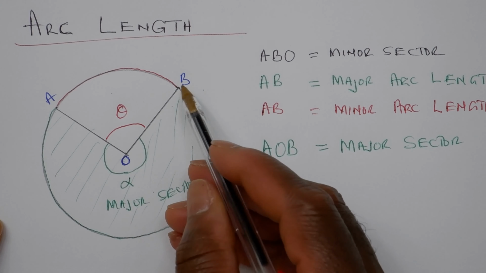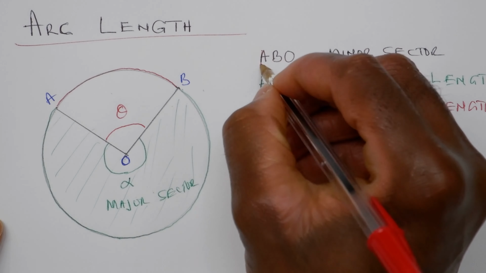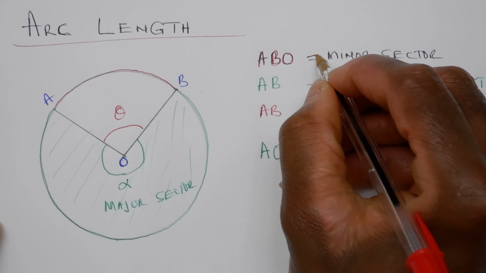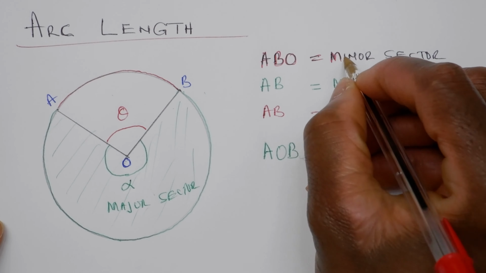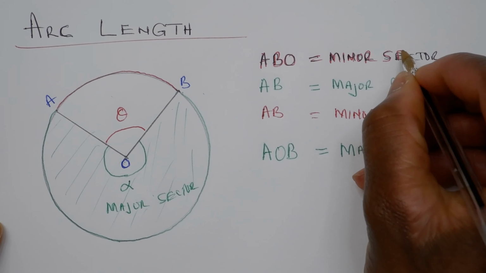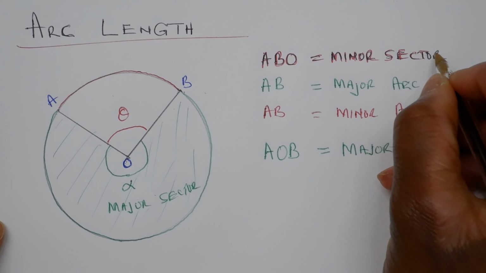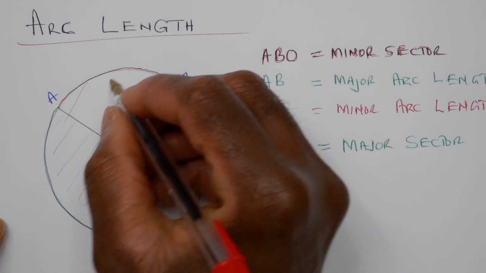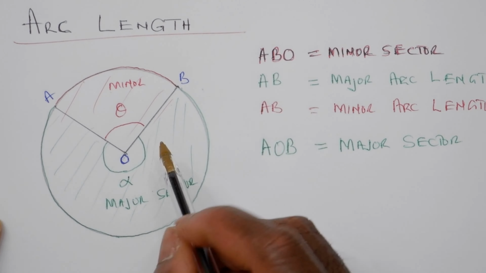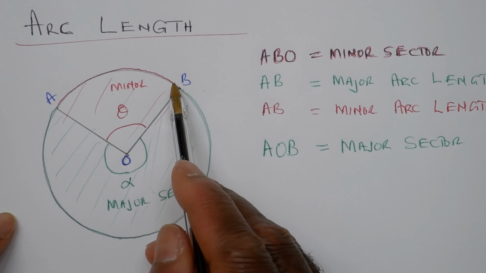A, O, B, the red one. That's the minor sector. So a minor sector has a minor arc.